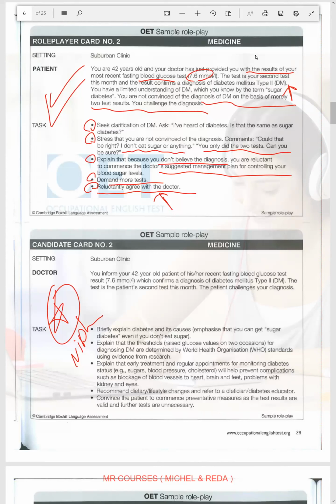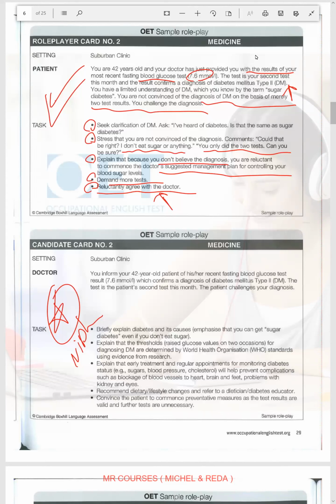Okay, here are your blood sugar test results, and you have a blood glucose level of 7.6 millimole per liter. So you will tell me the diabetes diagnosis has been confirmed, and I will start to ask for clarification about diabetes. Okay, fine.